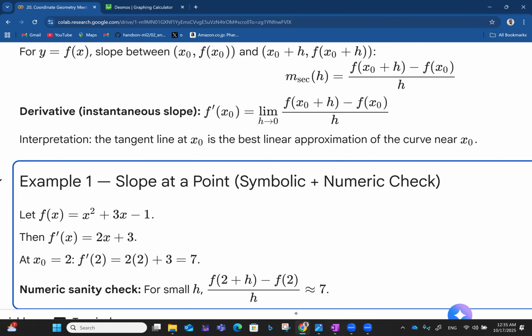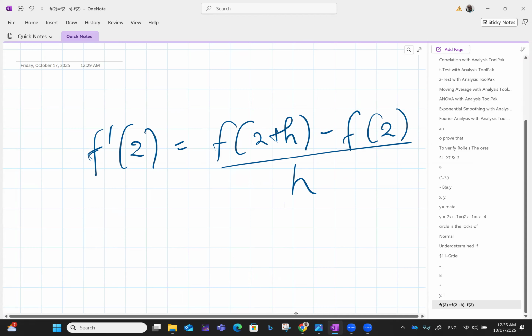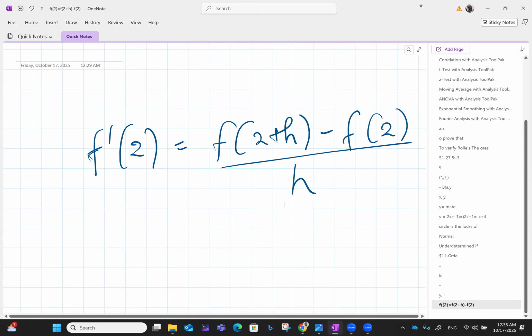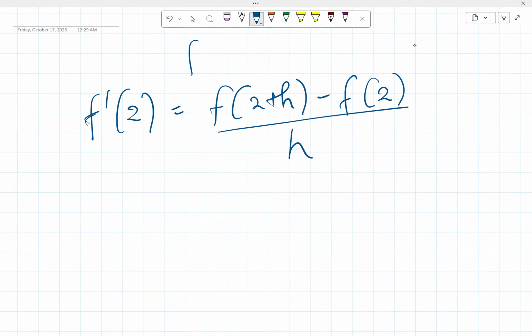So f of x is x squared plus 3x minus 1. Okay?